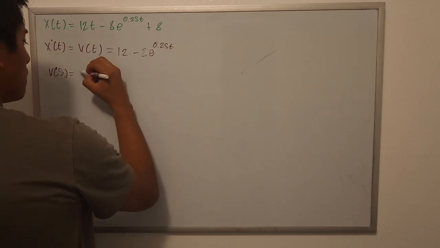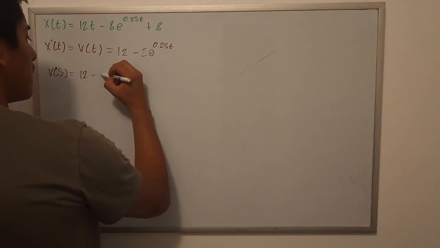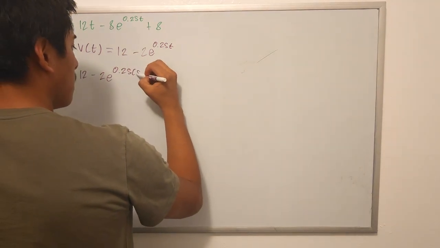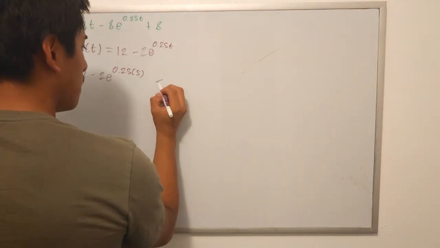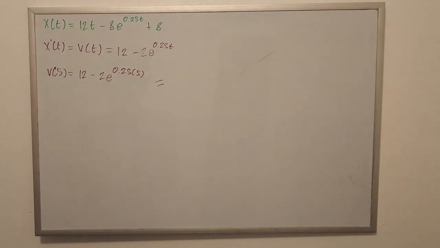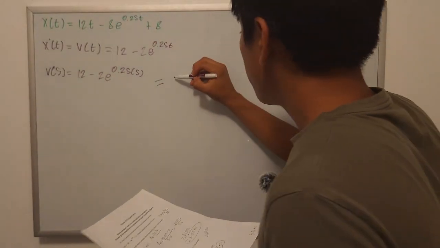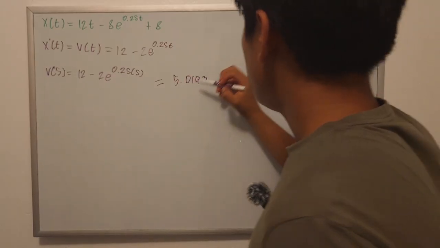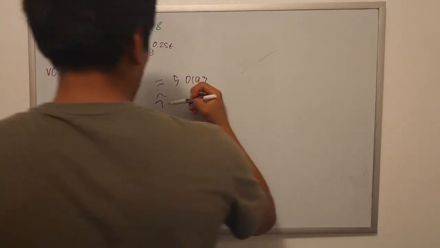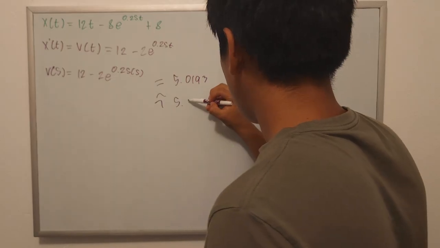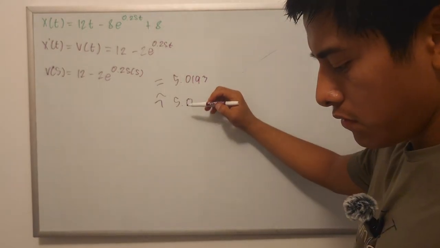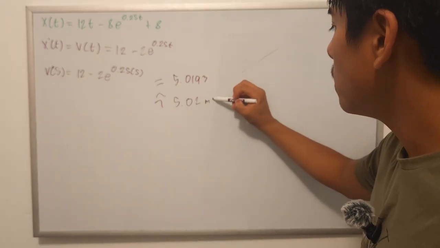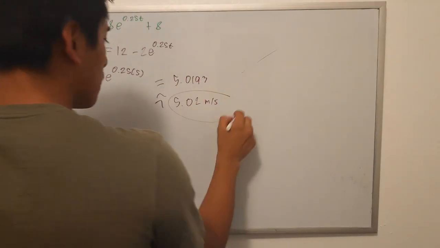So v of 5 is going to be equal to 12 minus 2e to the 0.25 times 5. And that should get you 5.0193. And then you round that, you're going to get 5.02 meters per second. That is your answer.